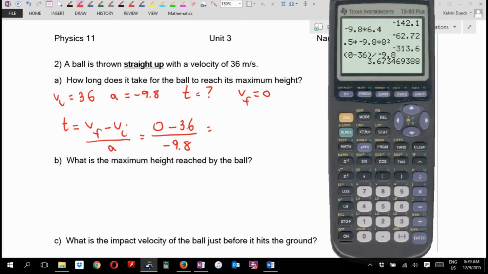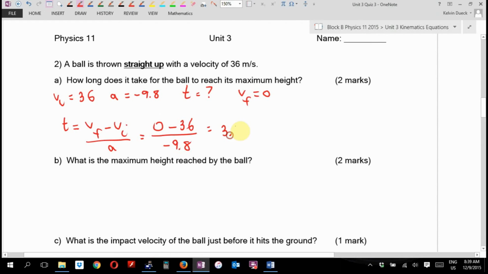I'm going to go 3.7 seconds. If you said 3.67, that's okay. But this should be the 2 sig figs because of the 36. You awake? Okay. What did I just say the answer was? 3.7 seconds. Same deal. 1 mark, half mark, half mark.